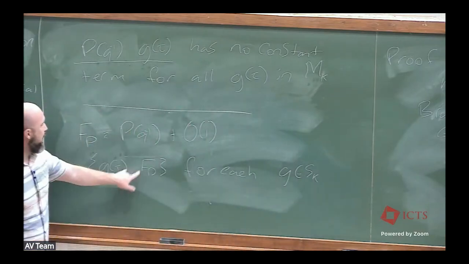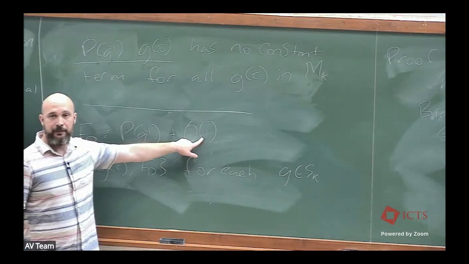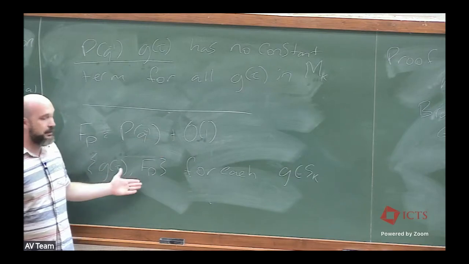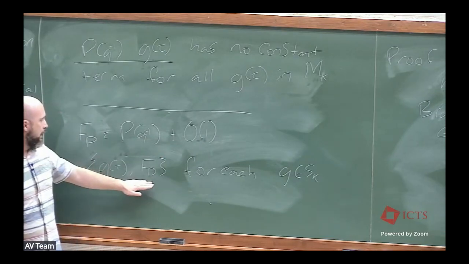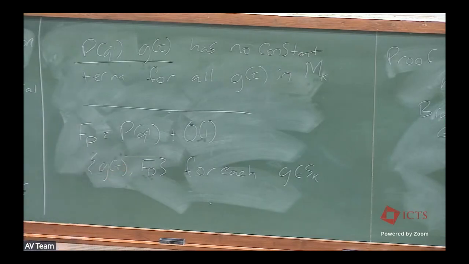And then if I look at the pairing with the Eisenstein series, that's going to tell me what the constant has to be. My principal part had better match with the constant term that I get out from my pairing with the Eisenstein series, but that's what I'm looking for. Does that make sense?